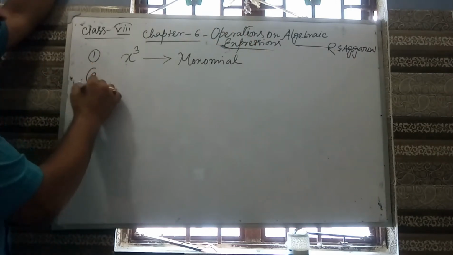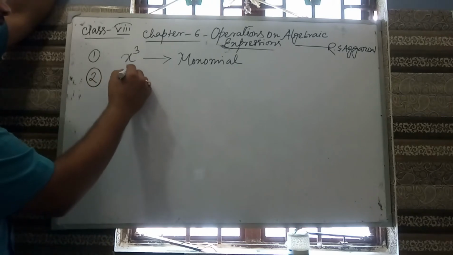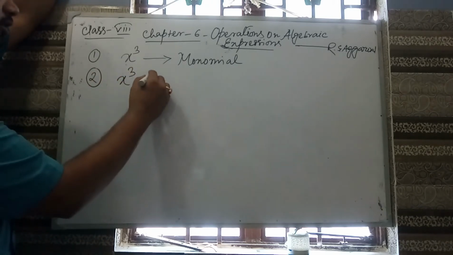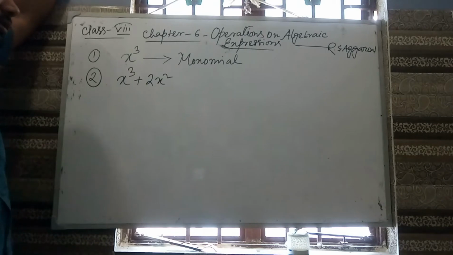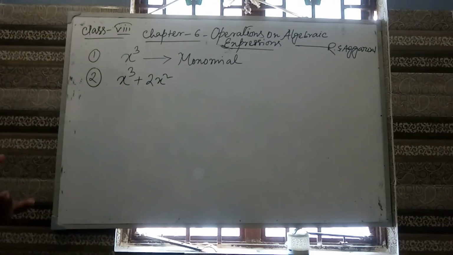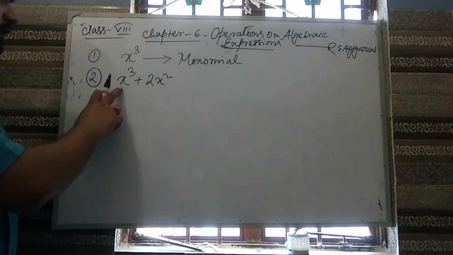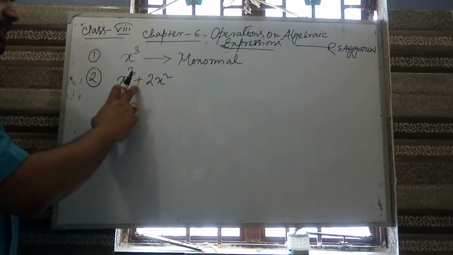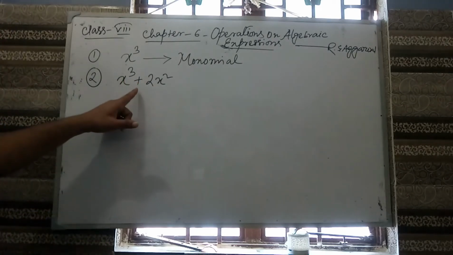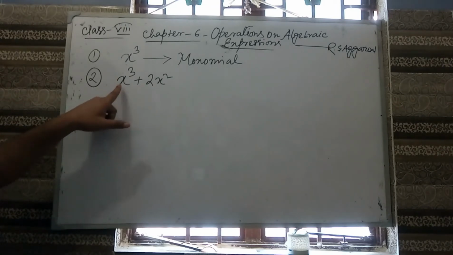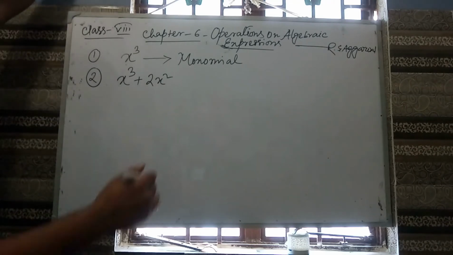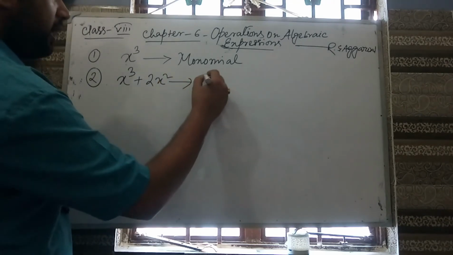Next one, if we have two terms, x cube plus 2x square, two terms. Now how am I identifying the terms? This one and this one, they are connected by a plus sign. So how many terms are there? This is called one term, this is another term. So here we have two terms, so binomial.